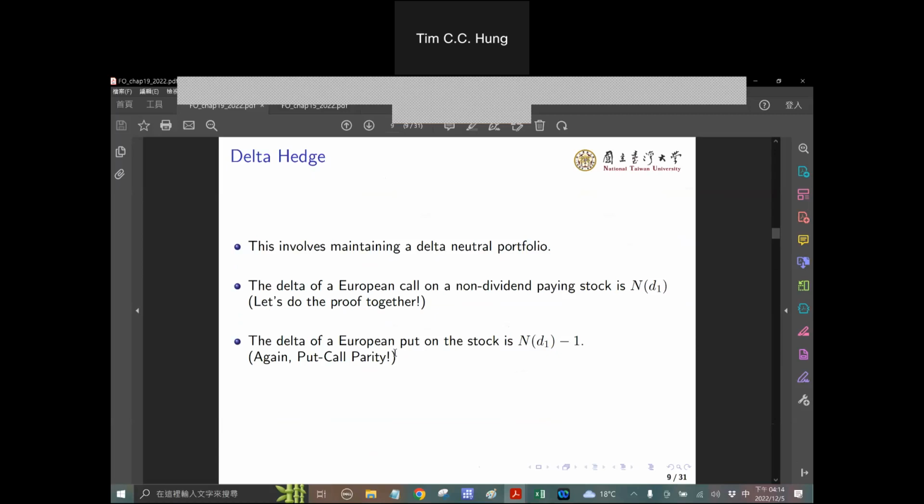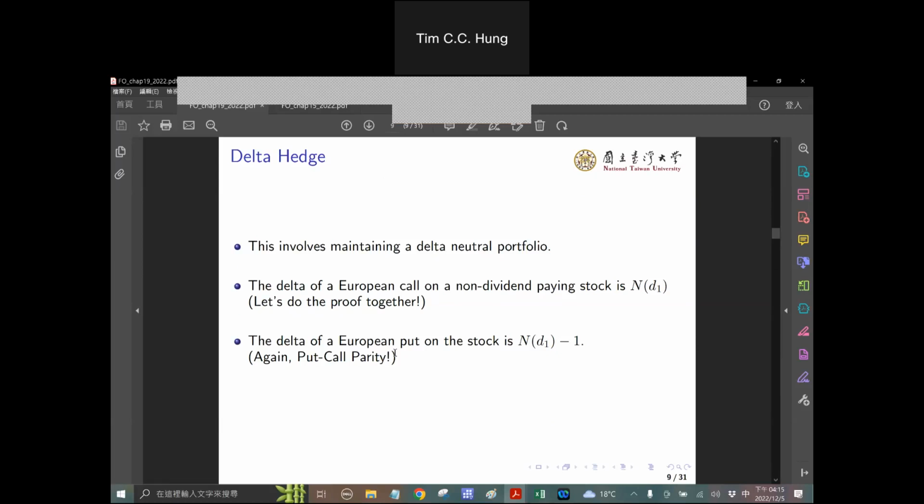For the first term we have S0 times N of d1, but there's something troubling: N of d1 is a function of d1, and d1 also has S0 within, so we cannot ignore it. First we cancel out the S0 and get N of d1. For the second part, we have S0 multiplied by partial N of d1 over partial S0.